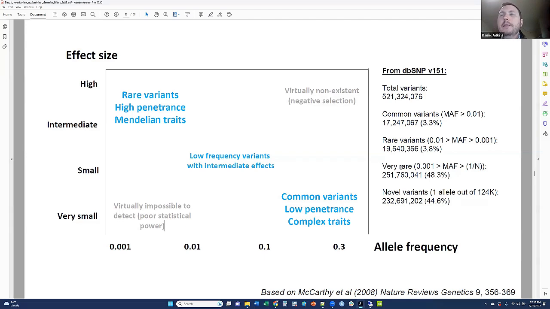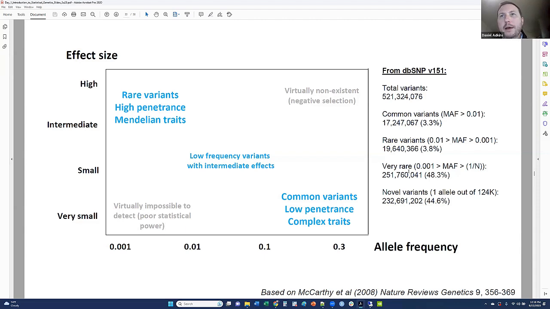And then most of the variants that exist in human populations are very rare or novel, and they occur very rarely. So mostly we're going to be dealing in this domain, common variants. If you're dealing with UK Biobank or a very large sample size, you can also include some rare variants in your analyses.